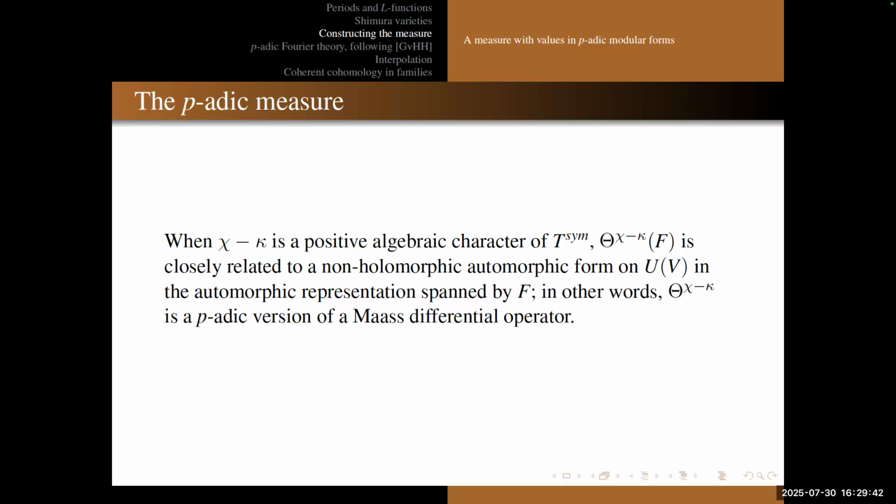And in the p-adic theory, there are these differential operators, and they play the same role, in the sense that, as distributions on forms on the smaller group, they have the same effect as integration against the image of f under this non-holomorphic differential operator. So in other words, this is a p-adic algebraic realization of a non-holomorphic differential operator. All right.